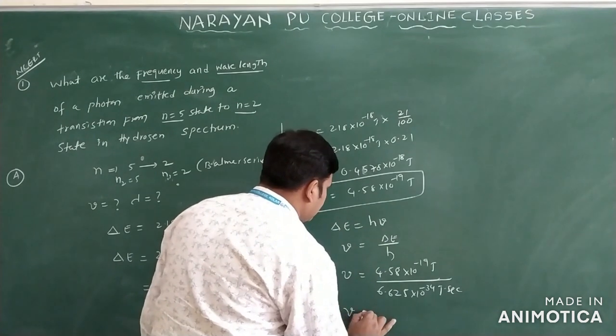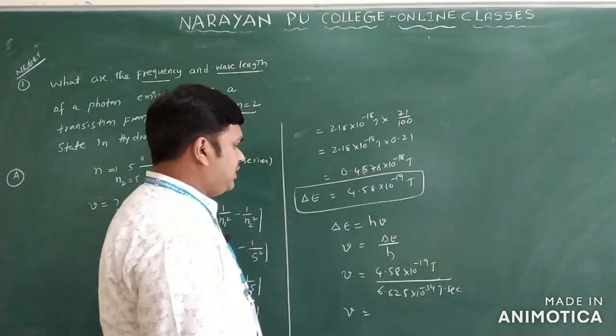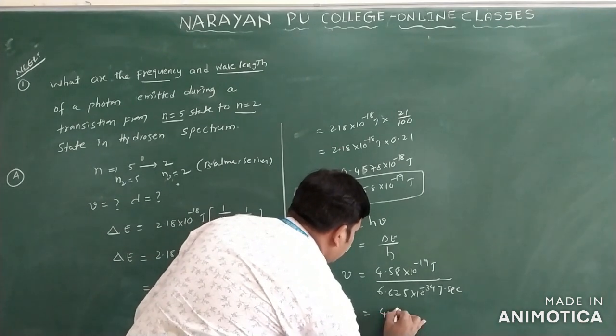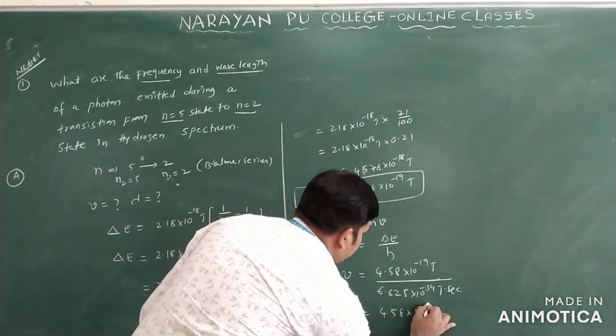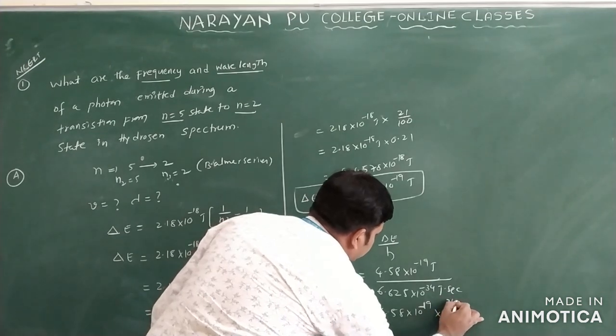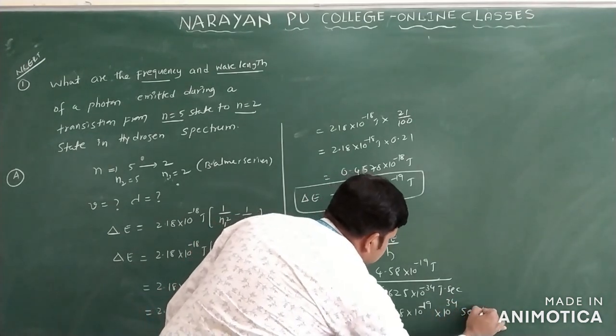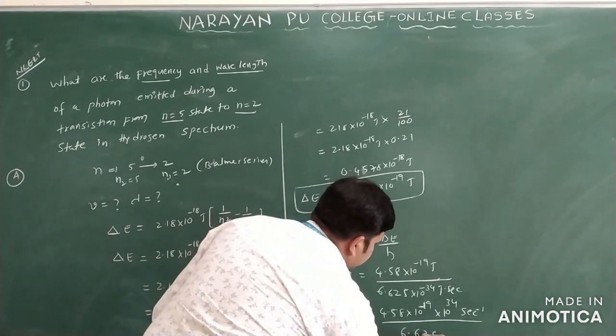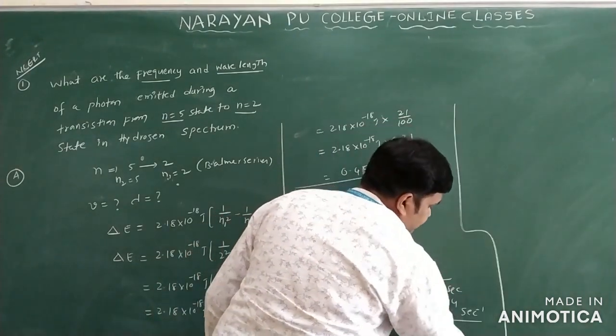Joule cancels, and finally we get second inverse, so 4.58 into 10 power minus 19 into 10 power 34 second inverse by 6.625.